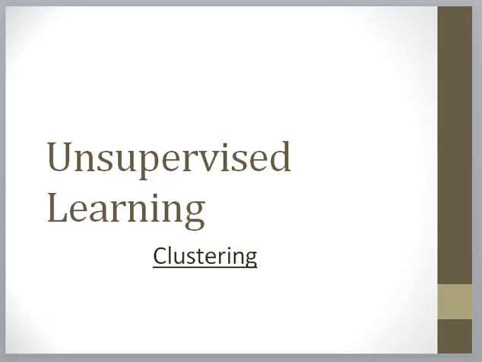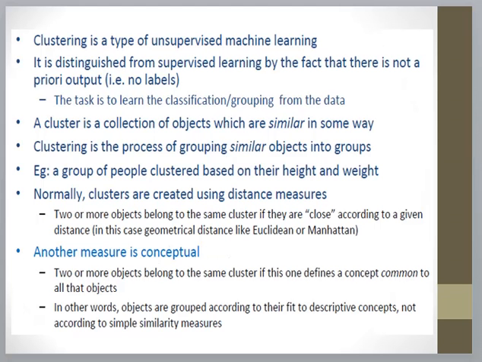So now let's have a look at this new domain, which is the unsupervised learning domain and clustering. Here are some basic definitions of clustering and the unsupervised learning domain. We can say that clustering is a type of unsupervised machine learning, right? So in unsupervised machine learning, most of the time we will be using clustering.